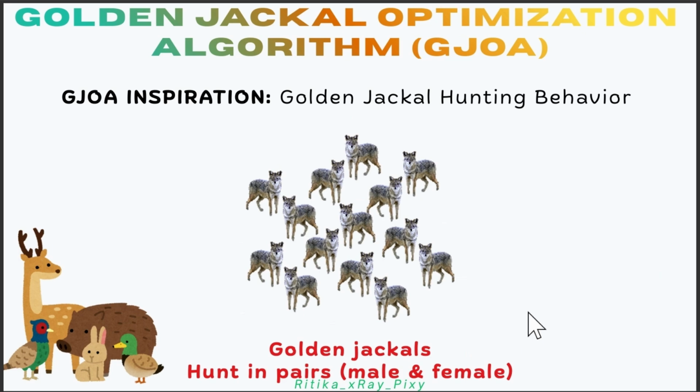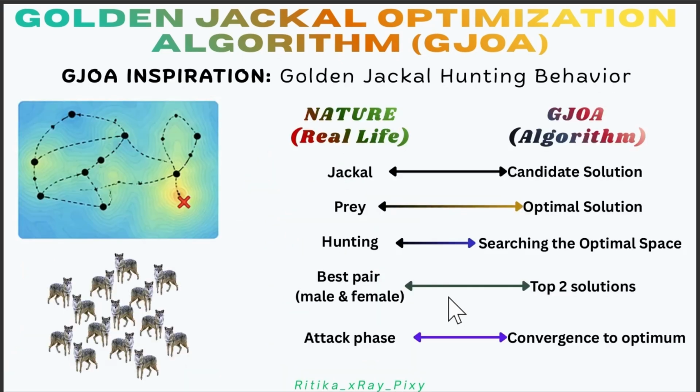Researchers observed this behavior and used it as inspiration, and we have this algorithm, the Golden Jackal Optimization Algorithm. This is a swarm-based meta-heuristic algorithm that simulates the hunting behavior of the golden jackal, and it is similar to the Gray Wolf Optimizer or PSO.